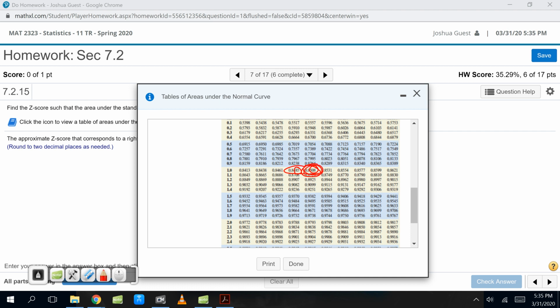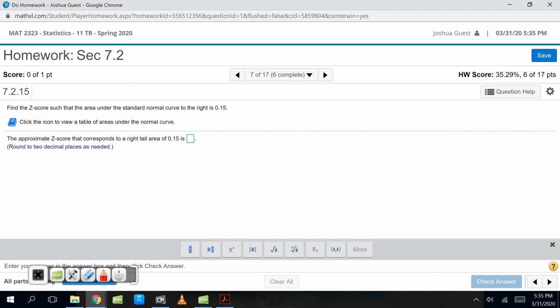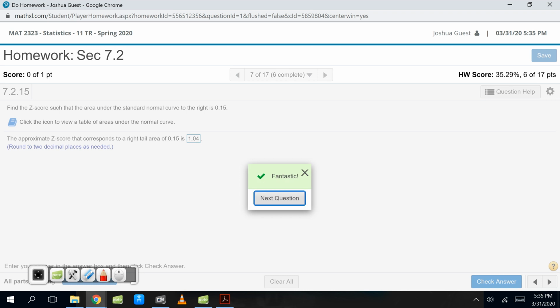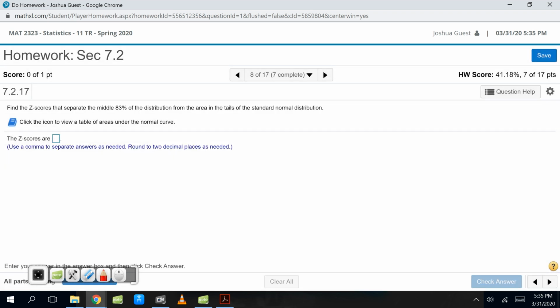So this one is closer. So I'm going to say 1.0, 0, 1, 2, 3, 4. So it's 1.04 is what I'm going to say is the answer. Sometimes I haven't figured out why they go one side or the other, but I try to go to the closer one, and it took it there. Okay, 1.04.